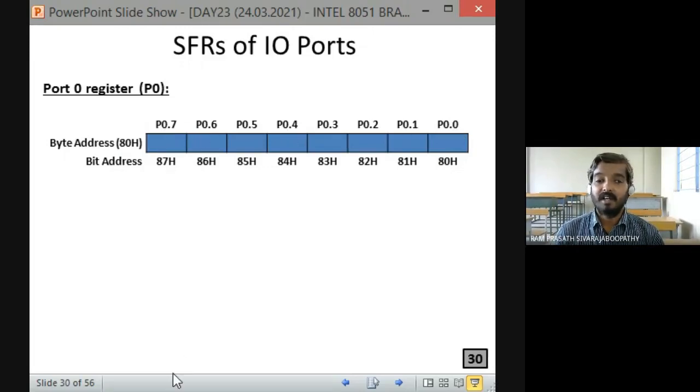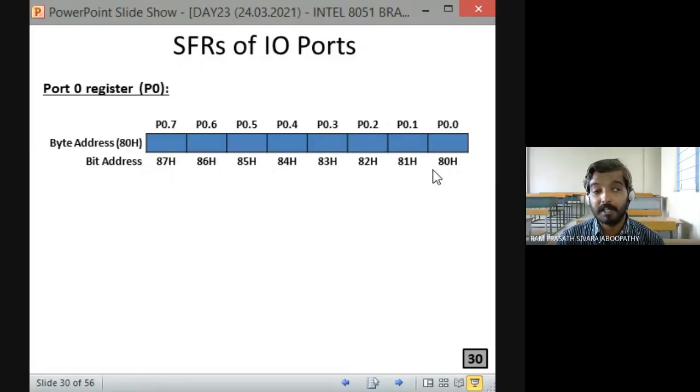You can write 8-bit data together into the port register. That means byte operation. At that point, we have to use the name P0 or address 80H. When we are doing a bit operation on a port pin, we have to use the names P0.0 to P0.7. So each bit has a unique name or a unique address.